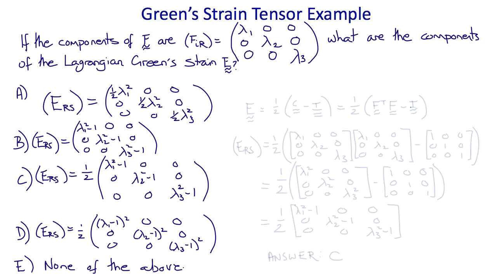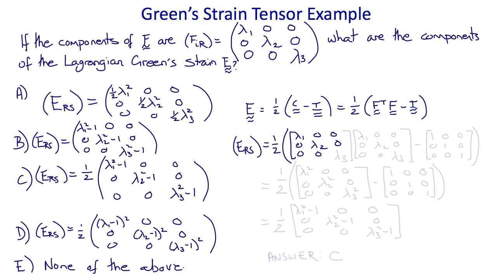So let's work this out. E is 1/2 of C minus I, which is 1/2 of F transpose F minus I. So doing the matrix operations, we get that the components of the Green strain are 1/2 times F transpose, which is the same as F up here because F is diagonal, times F, minus the identity tensor.